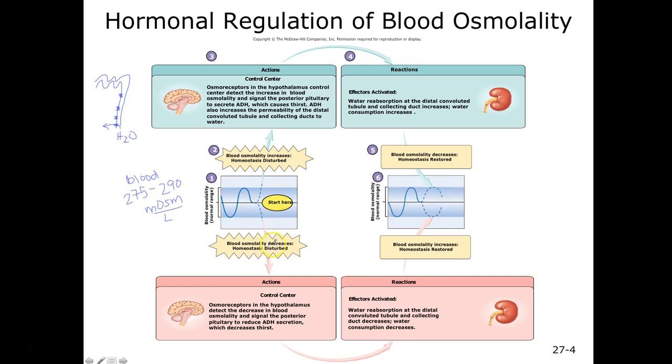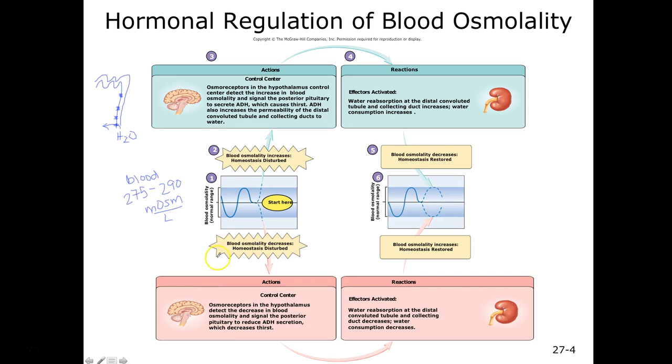Of course, the opposite can happen too. Our blood osmolality is going to decrease here, and so our osmoreceptors in our hypothalamus again are going to detect this and tell our posterior pituitary to either reduce or stop ADH, and that's going to decrease our thirst level.